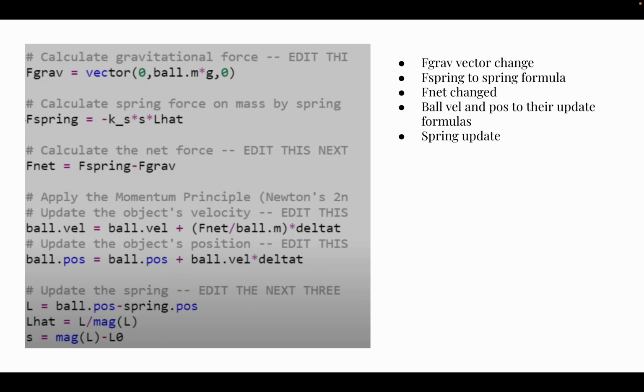F net is F spring minus F grav, and the ball and its position update formulas are being put there respectively. That'd be the third section, or the fourth section. And at the bottom you can see the spring update being changed to the ball position minus the spring's position, along with L hat.